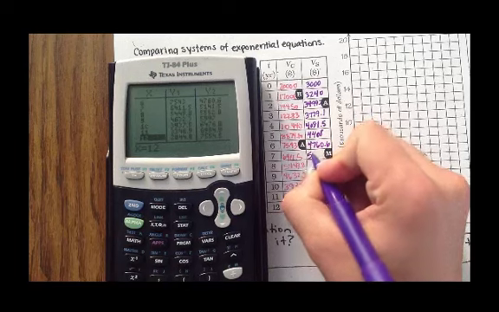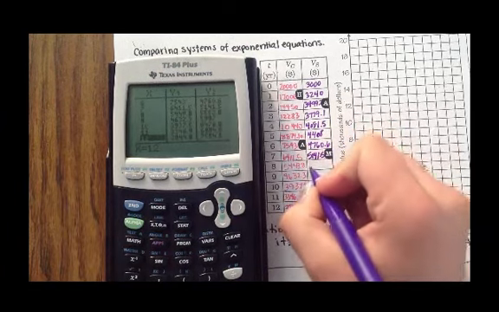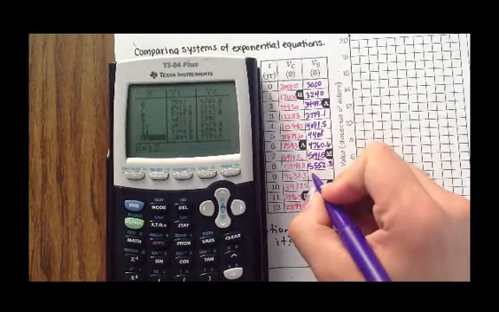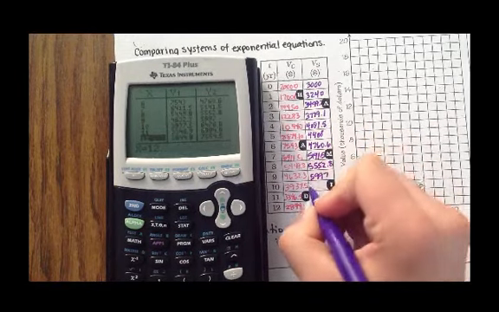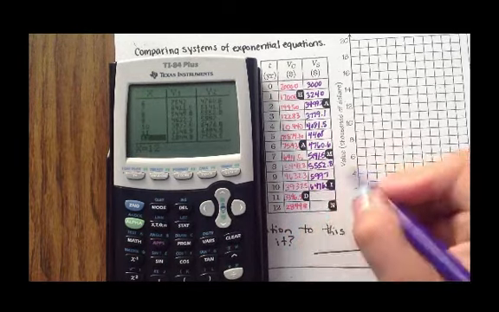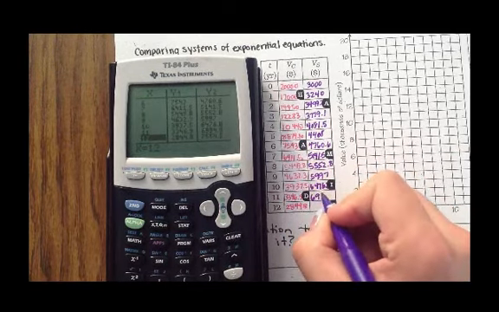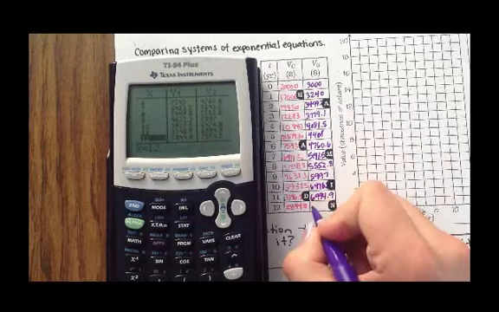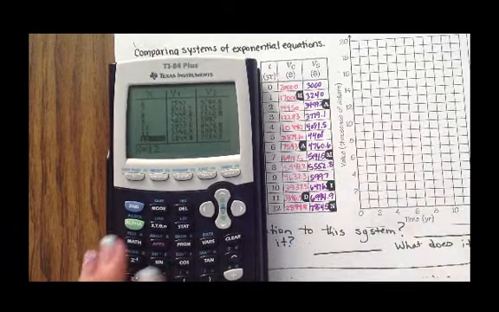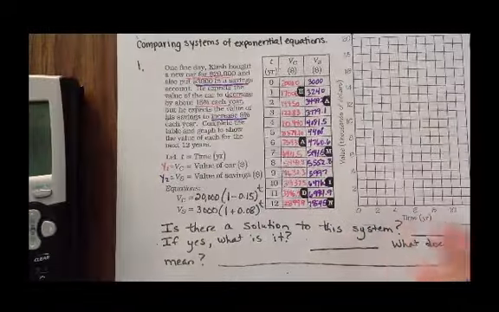So we have 5,141.5, 5,552.8, 5,997, 6,476, $6,994.8, and $7,554.5. So now we have our table of values.